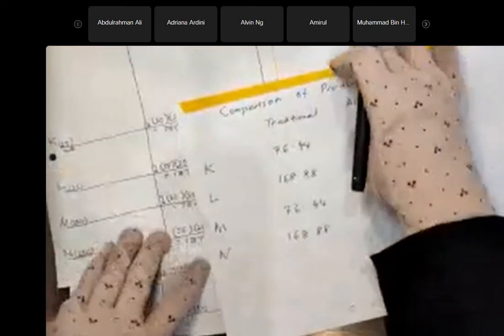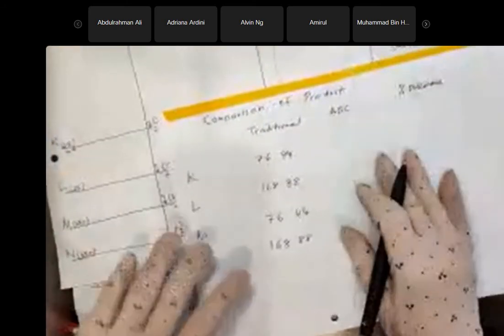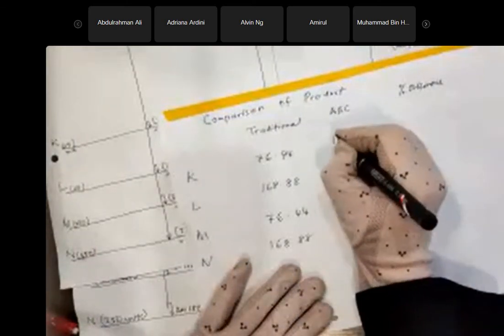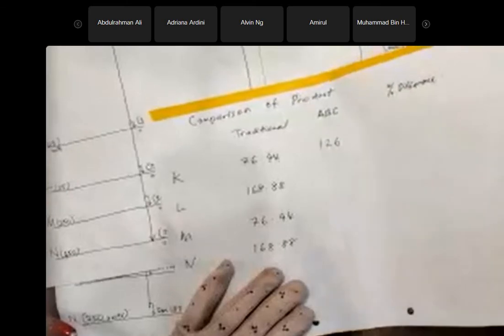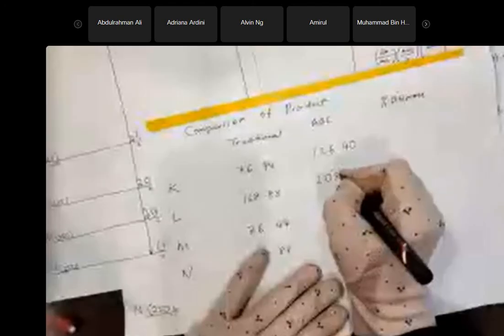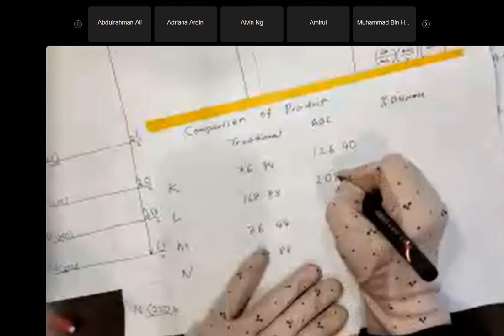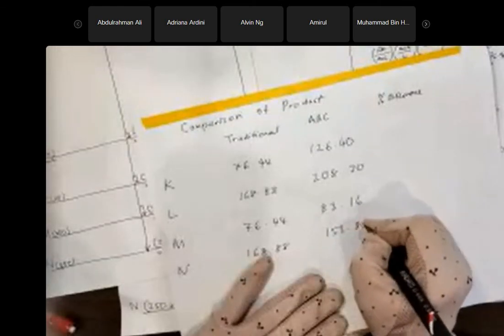For the ABC, 126.40, then 83.16, and 153.